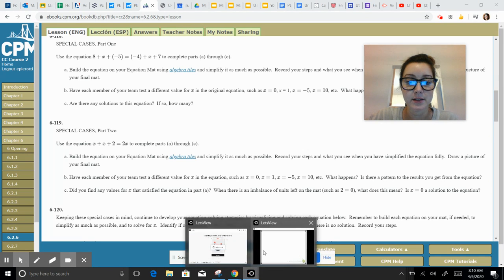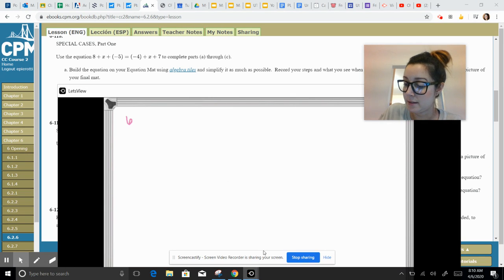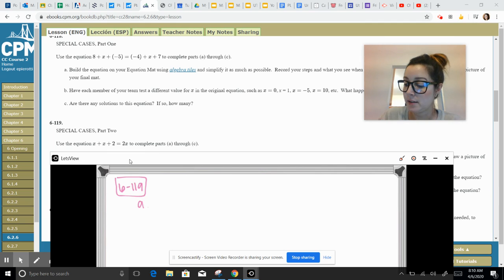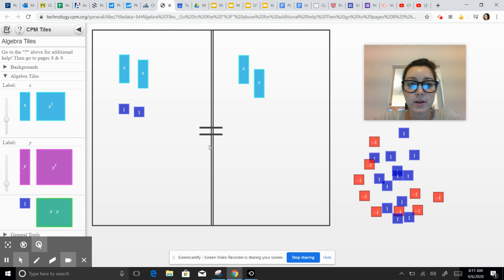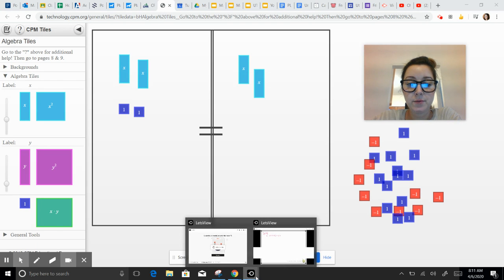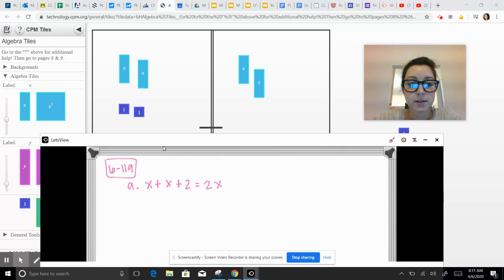This is 6-119, problem A, and our equation is x plus 2 equals 2x. I will have you pause the video and build that on your mat. So go ahead and pause. You should have built something like this. We have x plus 2 equals 2x.